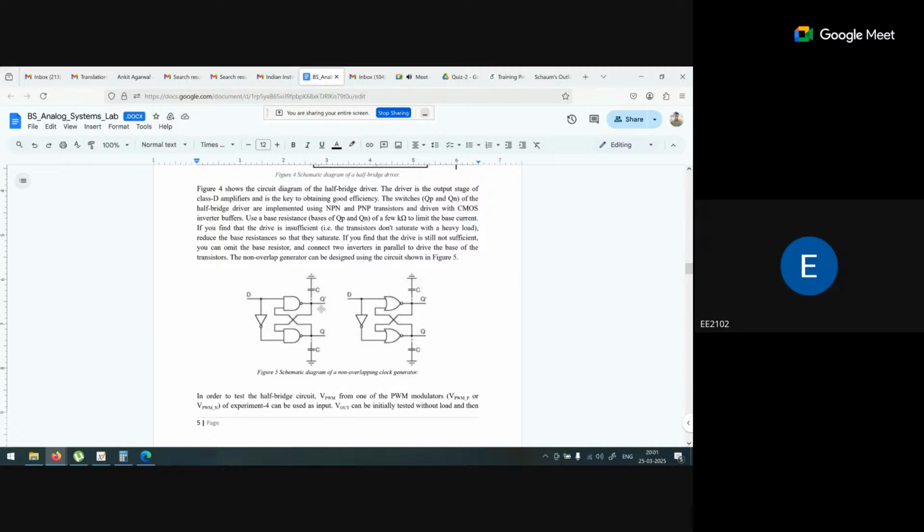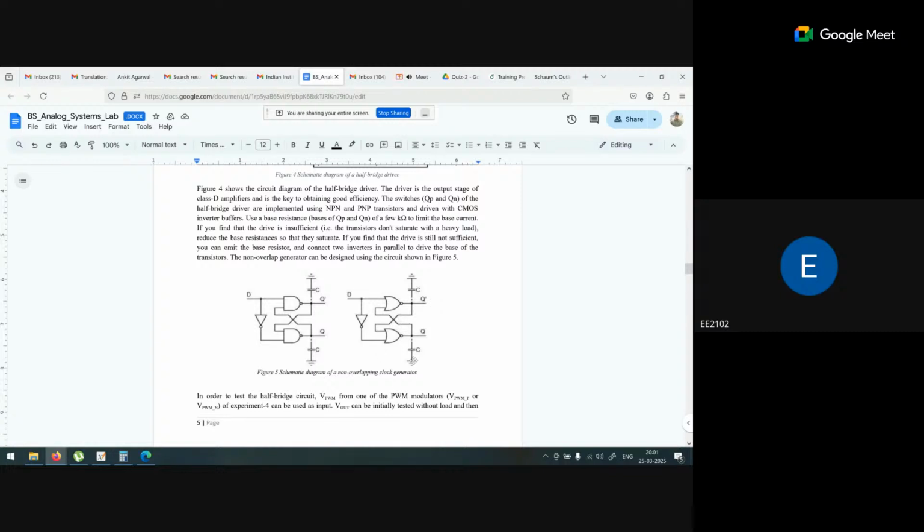Now we can use this output for PWM generation. PWM is what? A pulse width modulated signal. The width of that modulation pulse is dependent on the charging and discharging time of the capacitor that we connected here, this C. On the basis of this C, we get the output voltage Q bar.